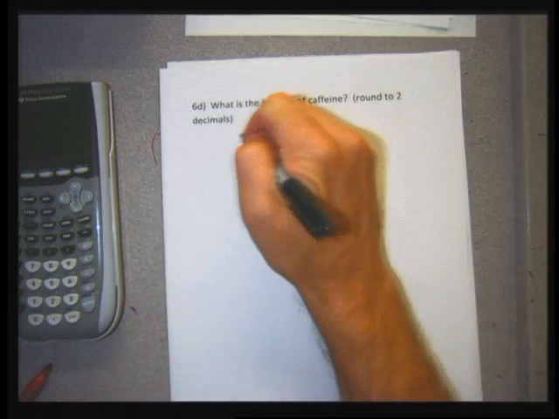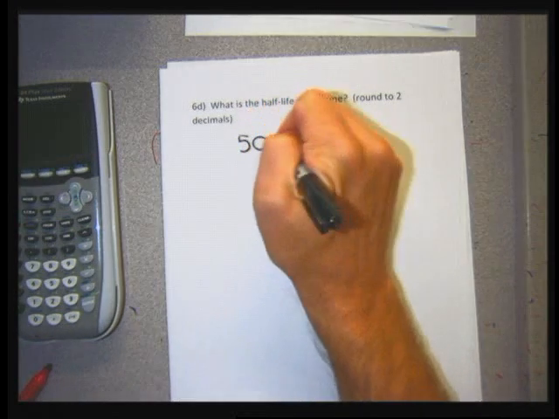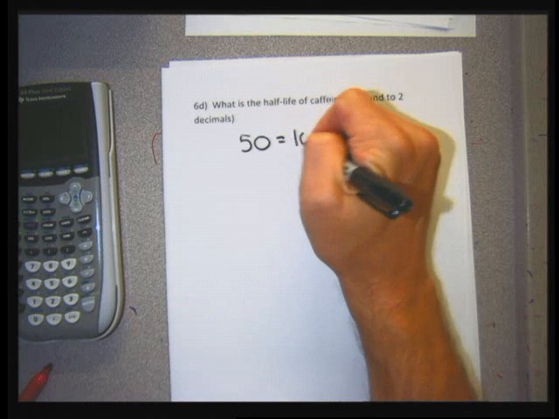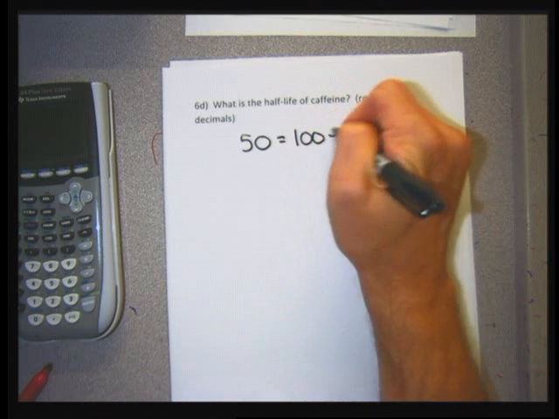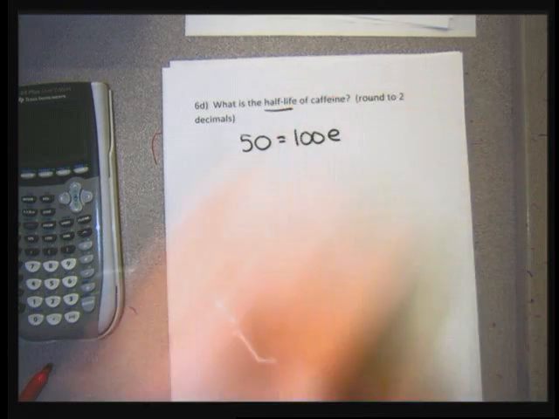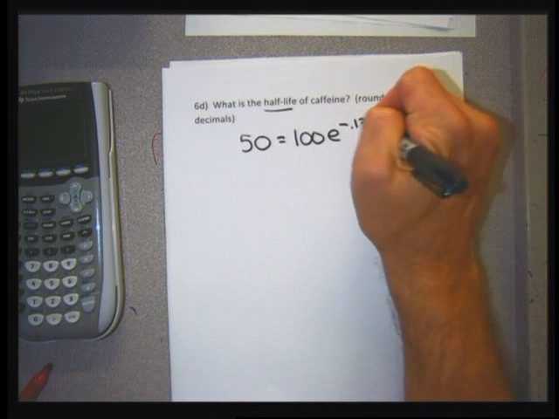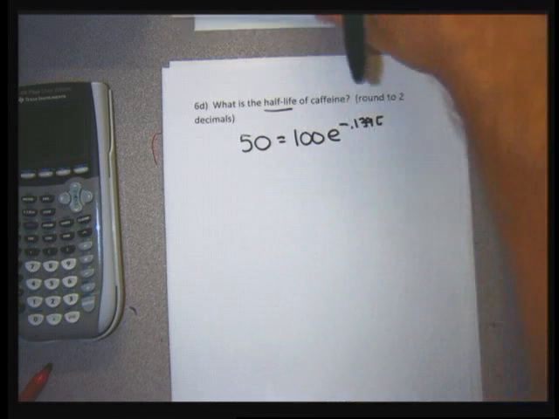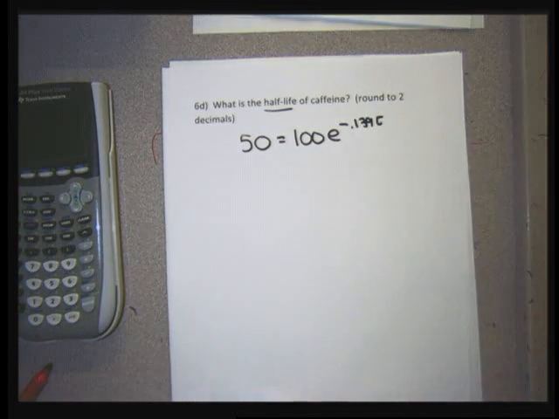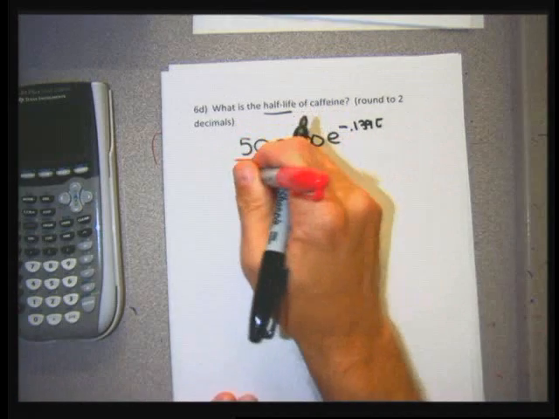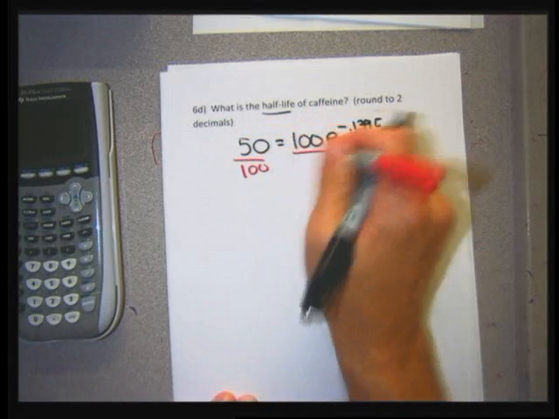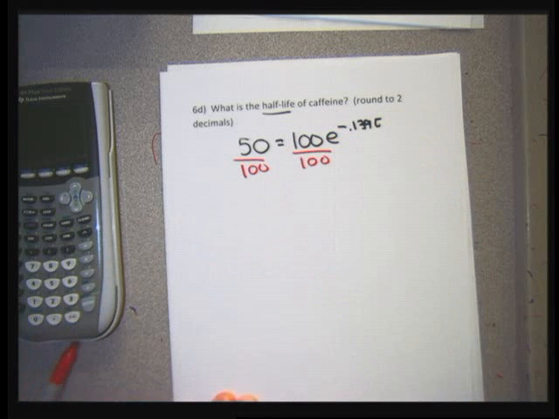For this particular problem, I'm going to put 50 into the left-hand side of the equation because I started with 100 grams. I want to find out how long it takes to lose half of it. And that's the implied computation in number 6. So when it's asking for half-life, it's asking for how long does it take for half of the initial quantity to be left or half to be gone.